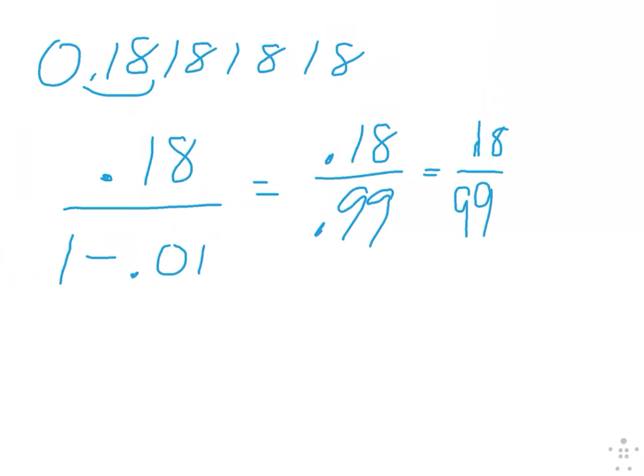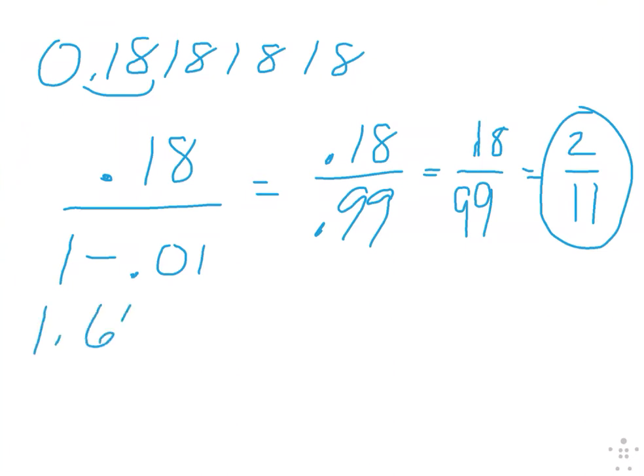Why? You keep simplifying until it's as simple as possible. So what number does it come down to? 2/11. Make sure you reduce that as simple as possible. Number 8, 1.6666 and so on.